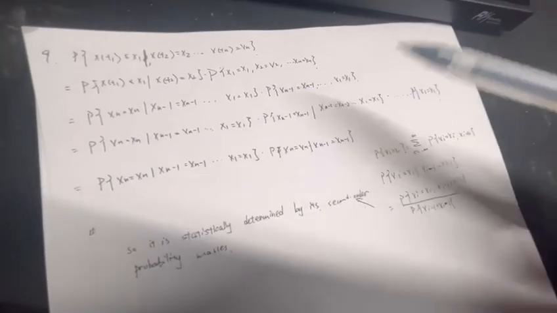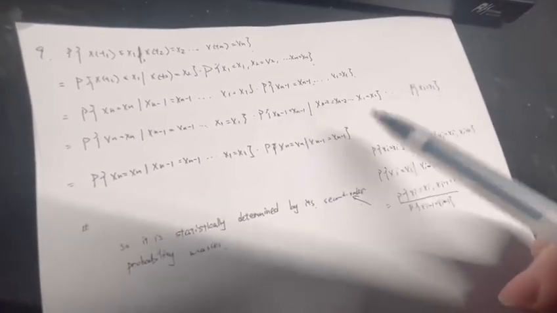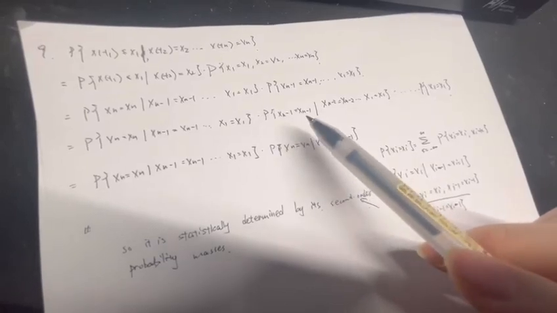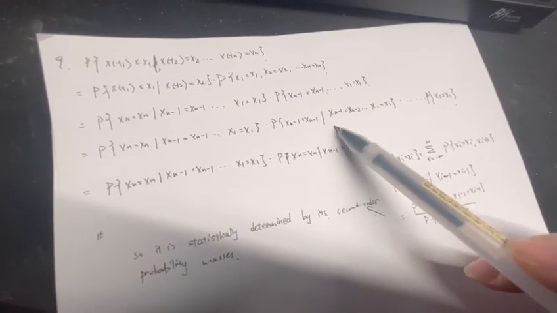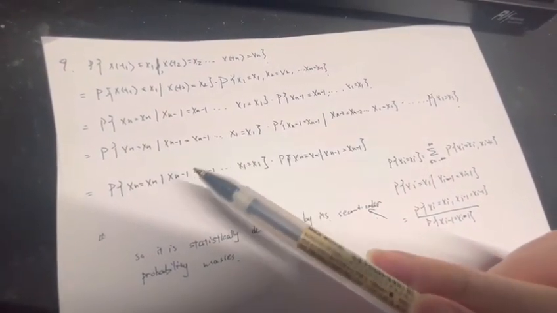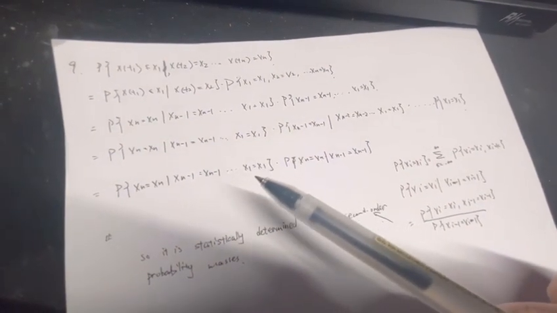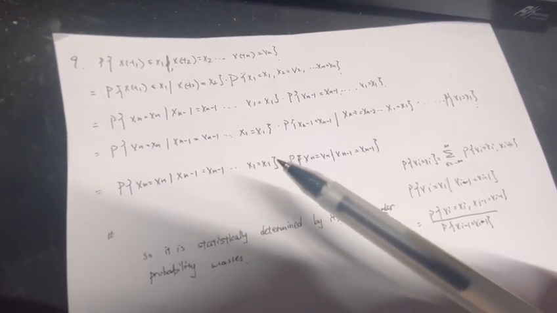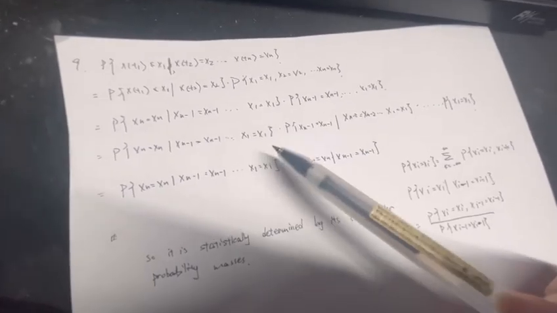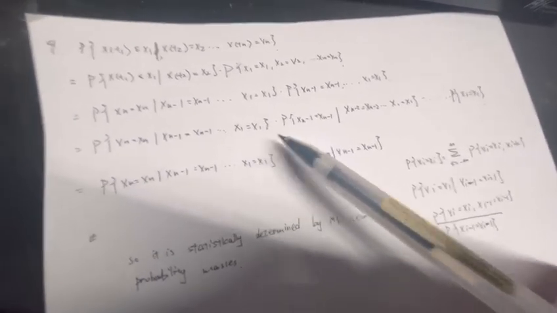So for the same reason, we can also transform the equation right here to the equation right here. This is the probability of Xn equals xn on the condition that Xn minus 1 equals xn minus 1 to X1 equals x1.